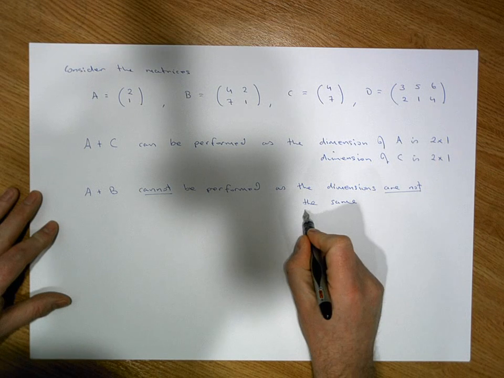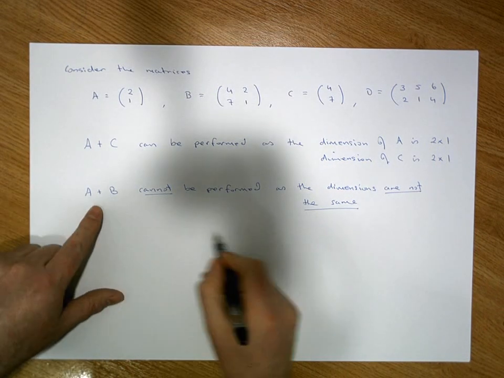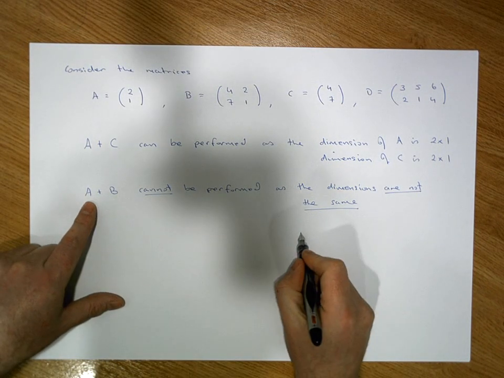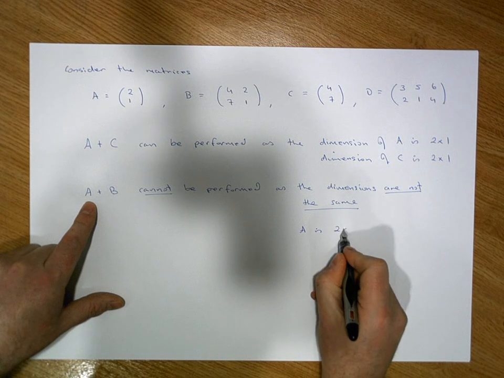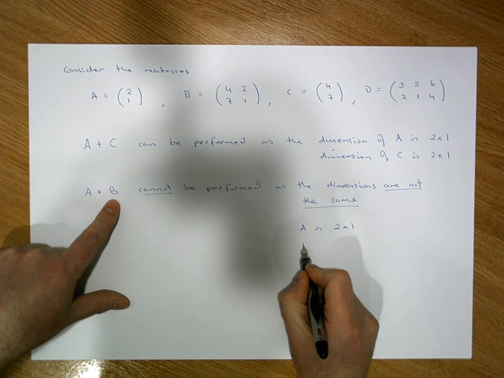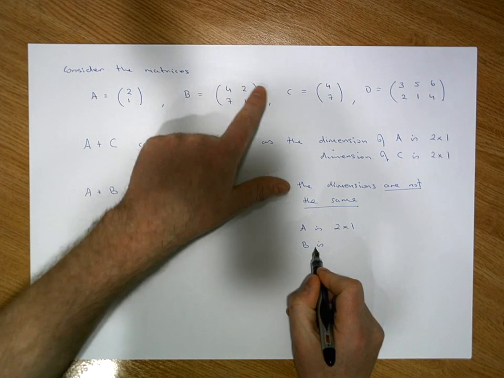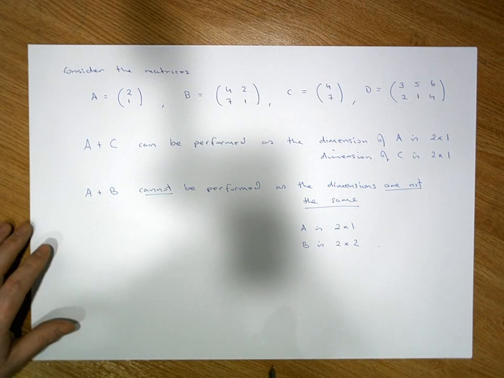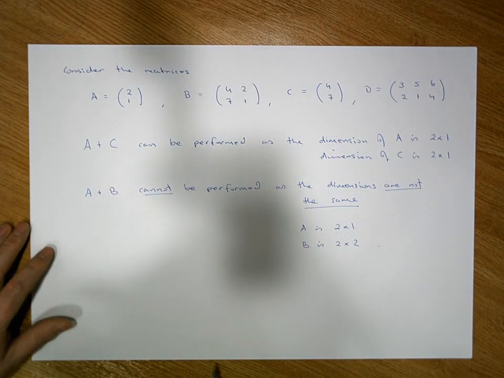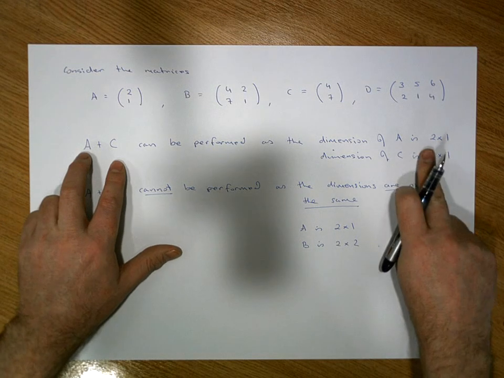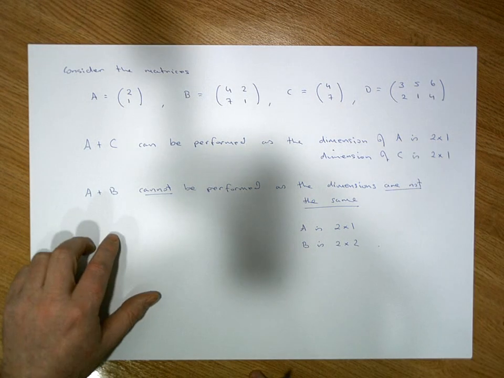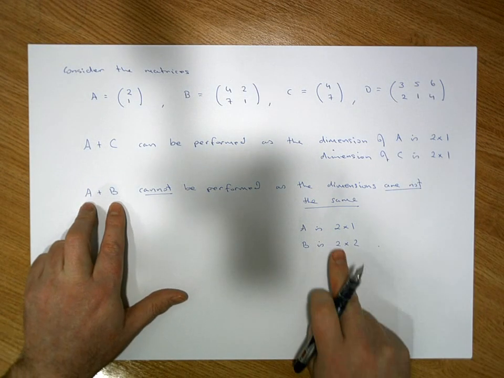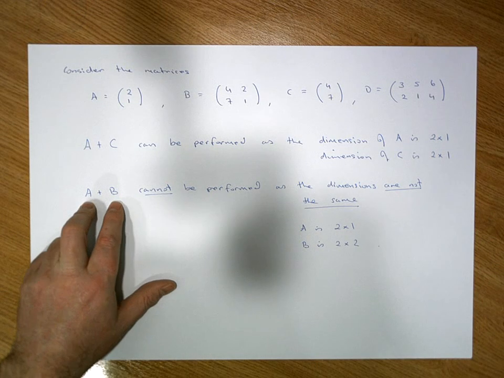A is a 2 by 1 matrix, whereas B has 2 rows and 2 columns, so it is a 2 by 2 matrix. So to add two matrices together, they must have the same dimensions. We cannot add two matrices together that have different dimensions.